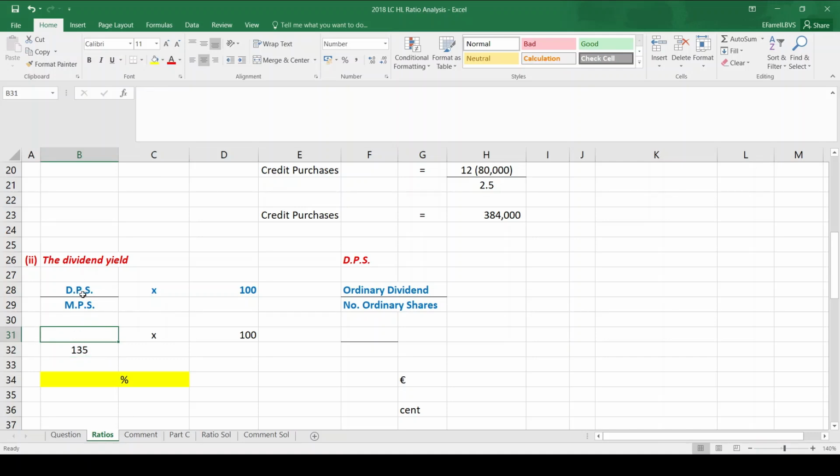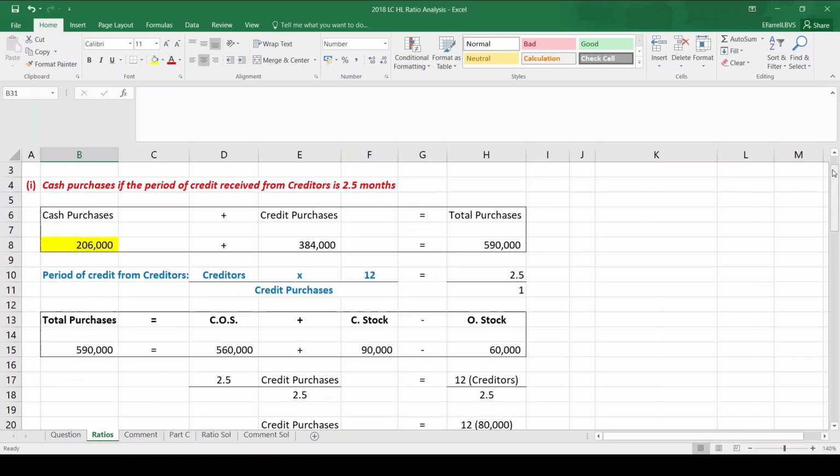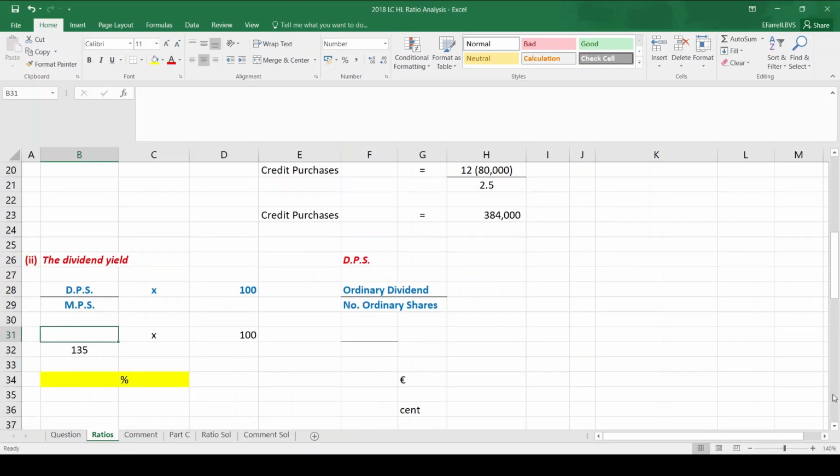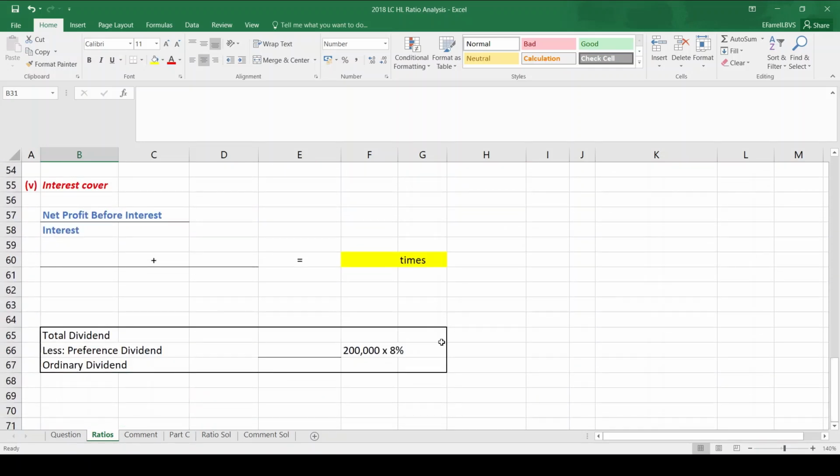Now I need to get the dividend per share. Unfortunately, to get dividend per share, we need to do another ratio, because the formula for dividend per share is ordinary dividend over number of ordinary shares. Now, at this stage, I would usually divide out my dividends. Sometimes I do it at the very start of the question, or you can just do it when you need to. To divide out the dividends, because sometimes for the ratios you need ordinary dividend and sometimes you need preference dividend.